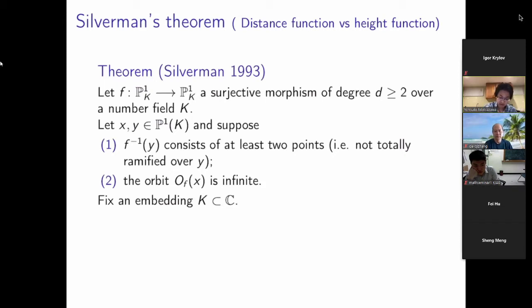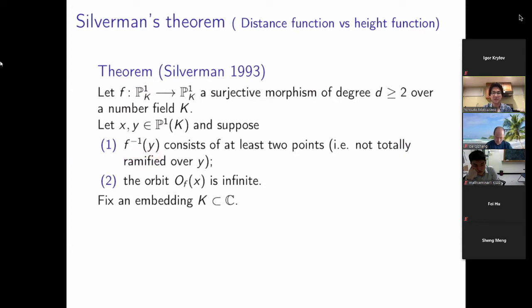Let's consider an endomorphism f on P1 over a number field K, and assume that the degree of f is larger than or equal to 2, and take rational points x and y on P1. Assume that the pre-image of y under f consists of at least 2 points.